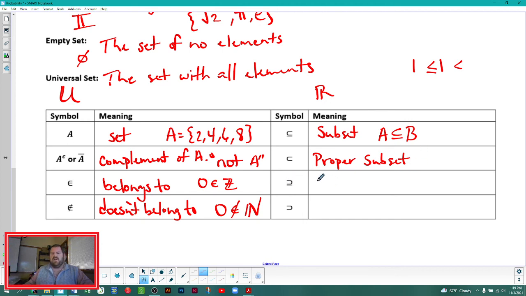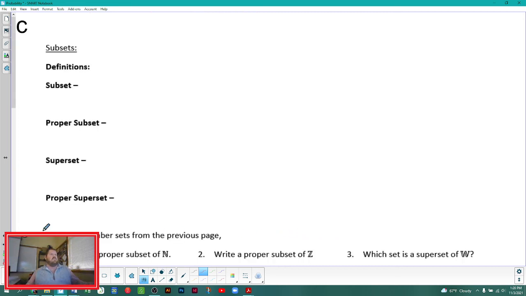This one, going the other way, the opposite of a subset, would be a superset. And this one would be a proper superset. Let's go ahead and flip it over and look a little bit more at the definitions of these.